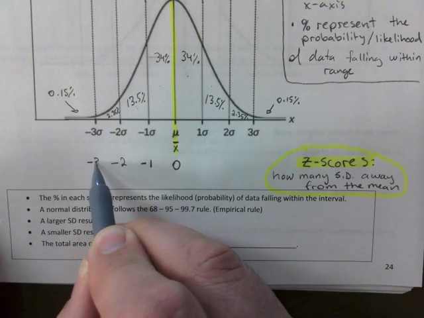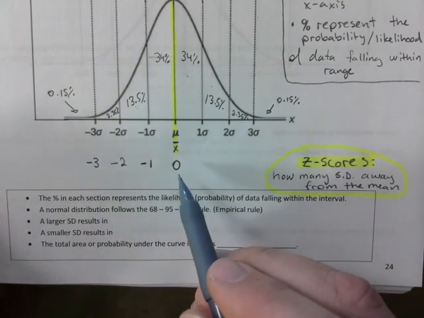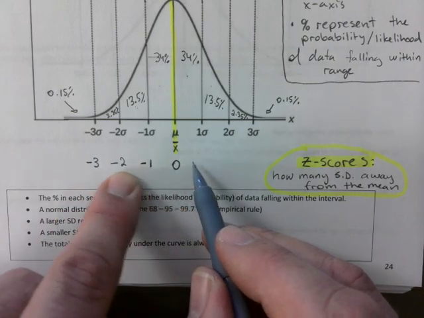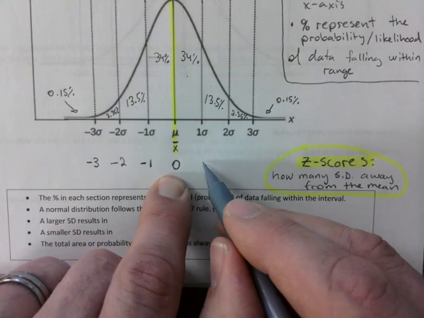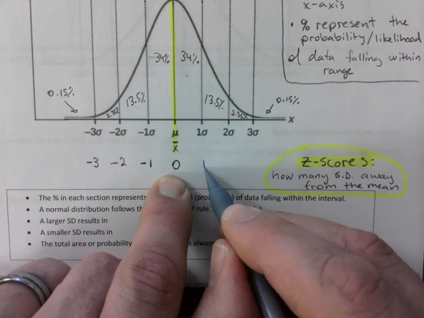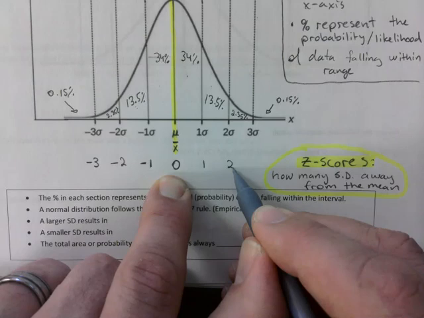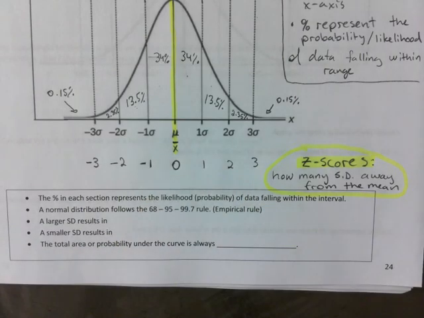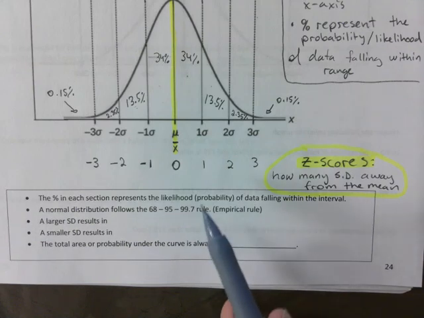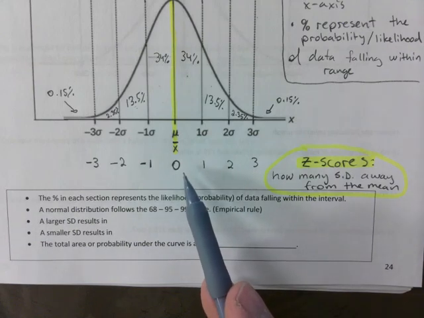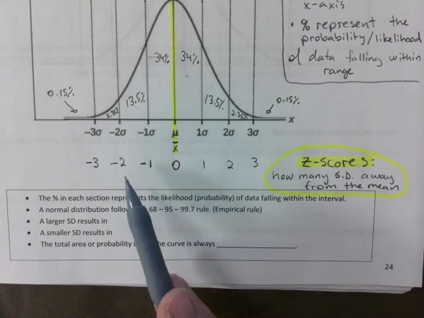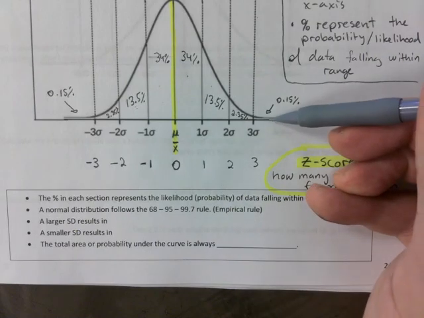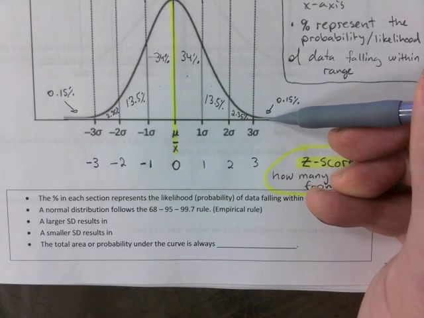And then you have -3. On the other hand, if it's negative, we know we are below the mean. If you're positive, you are above the mean. Okay? So my height, where would I be, you think? Would I be positive z-score or negative z-score? I'll be positive z-score. I'd probably be somewhere over here, right? In terms of my height? Okay.